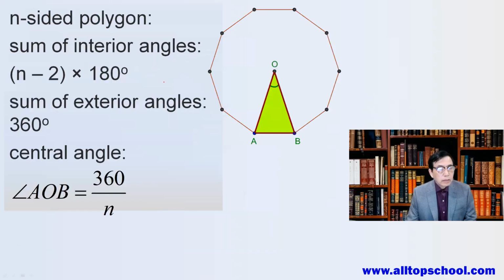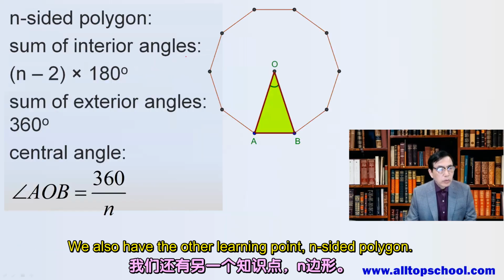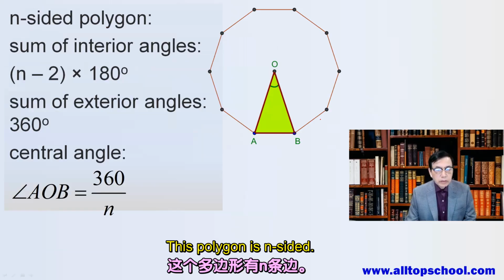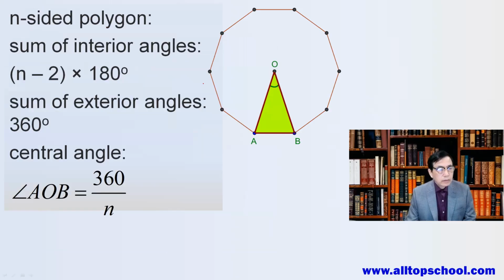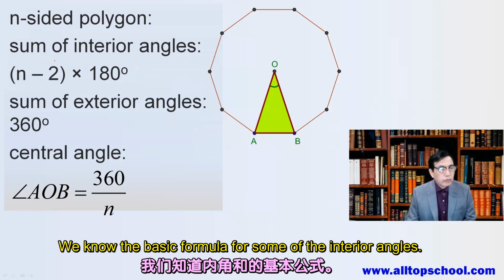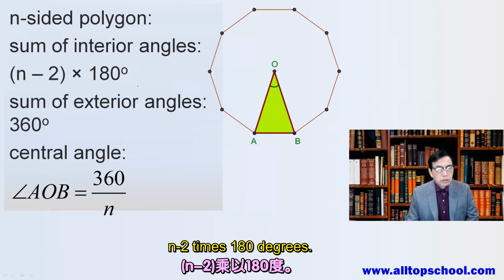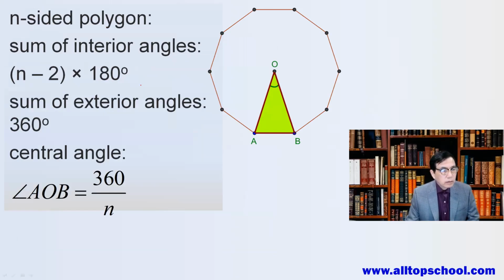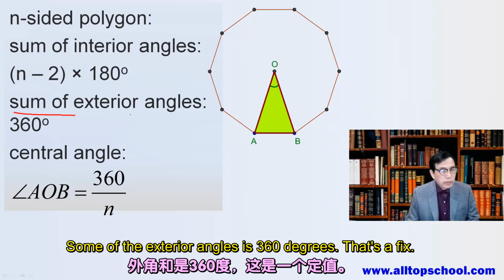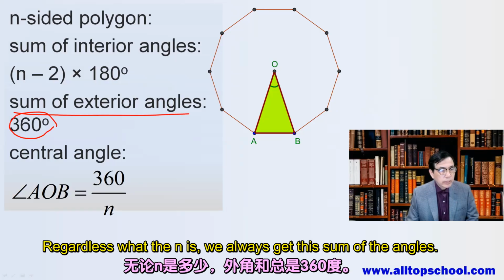We also have another learning point, the n-sided polygon. We know the basic formula for the sum of the interior angles: n minus 2 times 180 degrees. The sum of the exterior angles is 360 degrees. That's fixed, regardless of what n is.